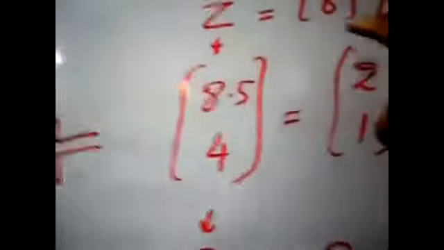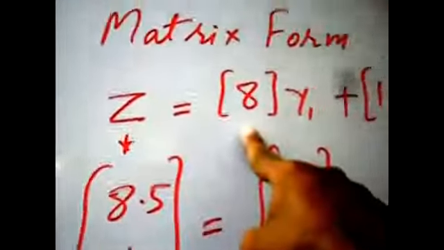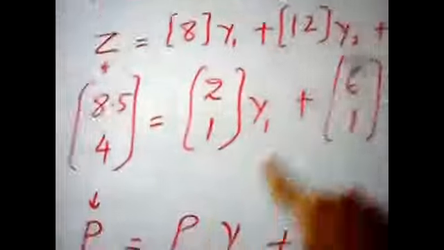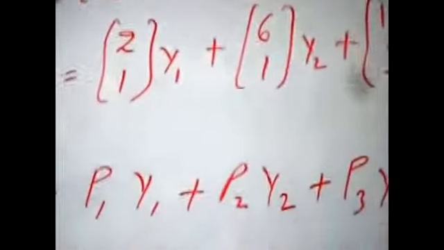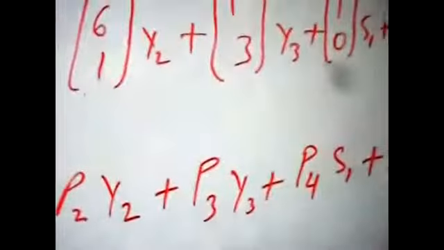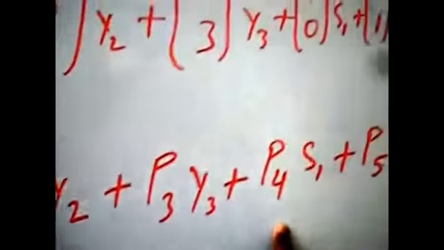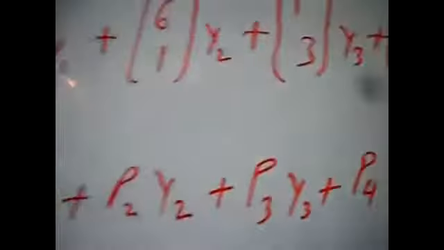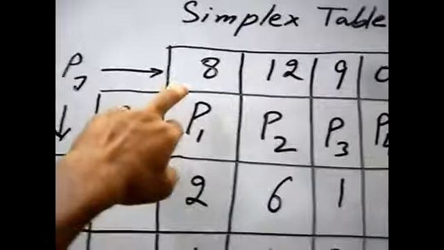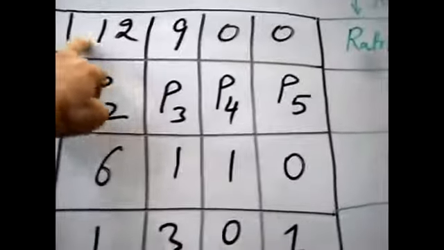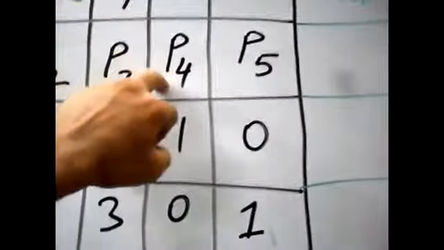So p1 is 8, p2 is 12, p3 is 9, p4 is 0, p5 is 0.